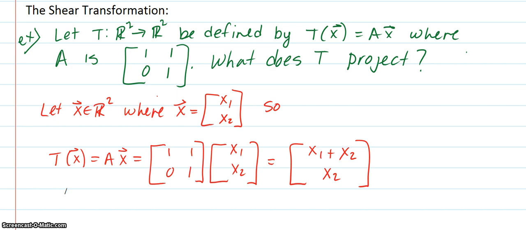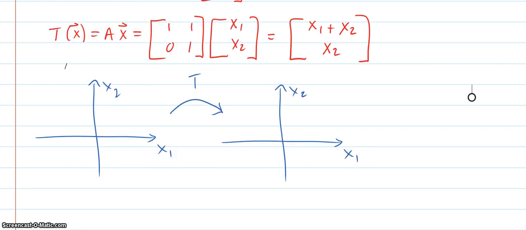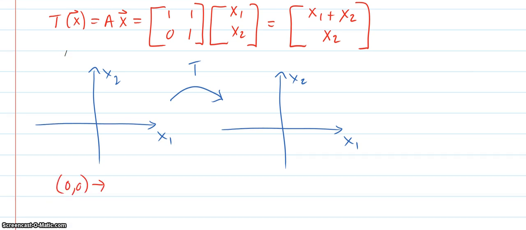So what I'm going to do is try to graph this. And how I'm going to graph this is I'm just going to pick some different points. So I'm going to pick the point 0, 0. That means x1 is 0 and x2 is 0, and if I plug that in, I would get the point 0, 0.